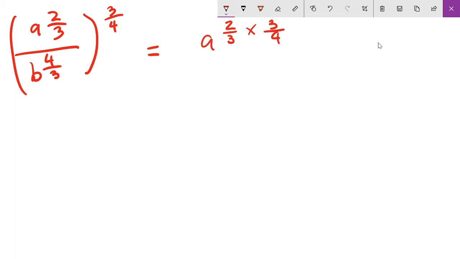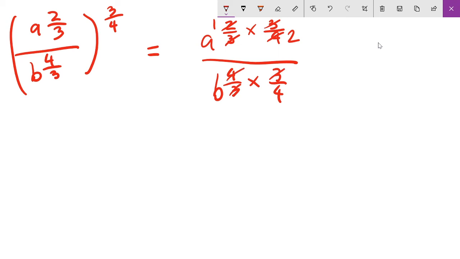Very cool. And what you're going to get at the bottom is that and that. So right now you can simplify it further like that. 2 divided by 4 is just going to be 1/2, and 3 divided by 3 is going to be 1. So the 3s and 4s cross out, and you get a to the power of 1/2 over b to the power of 1/2.